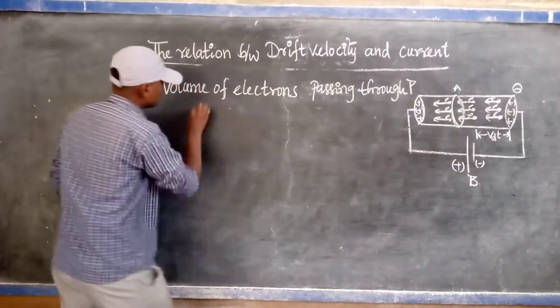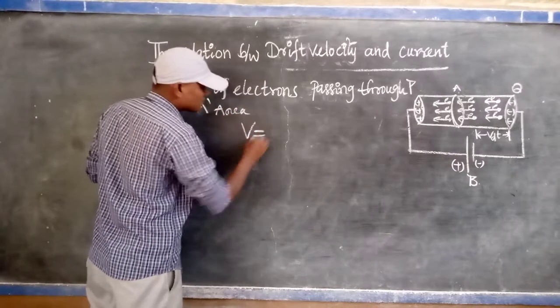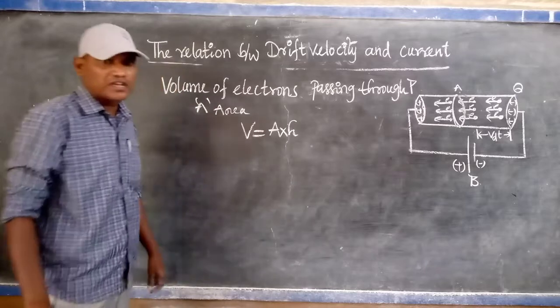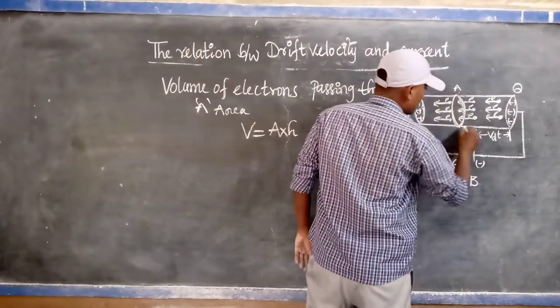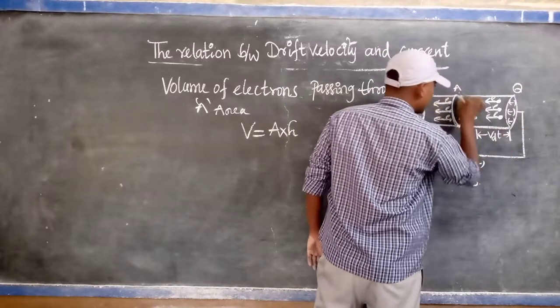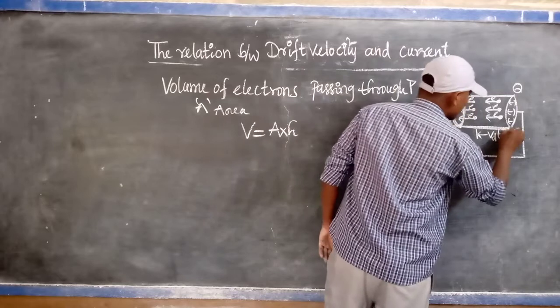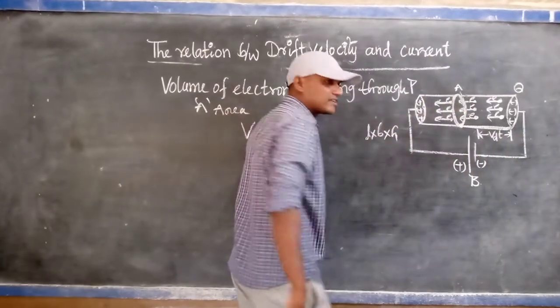We know that volume is equal to area into height. This is the area, it is the length, it is the breadth, so length into breadth into height is the concept.